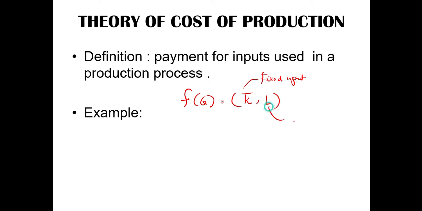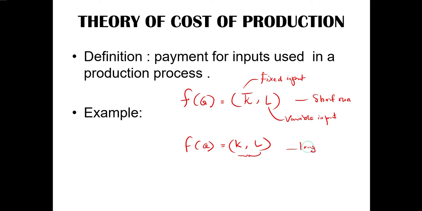While the labor does not have a bar, there is a dash, meaning that it is a variable input, meaning that the input keeps changing as time goes by. This is the short run. While in the long run, Q, K and L both don't have a bar, meaning that both inputs in the long run are variable inputs.